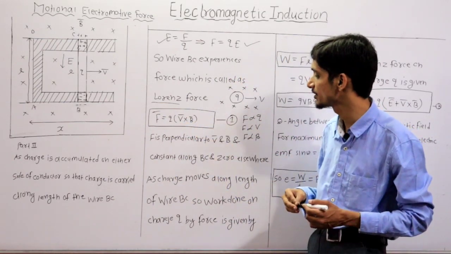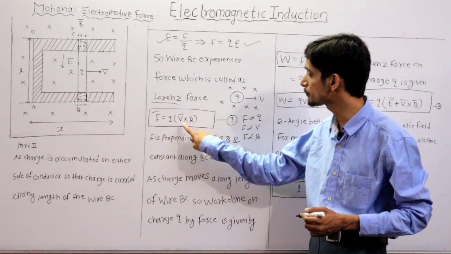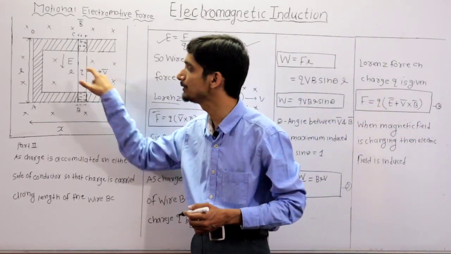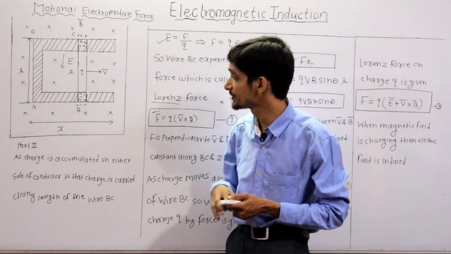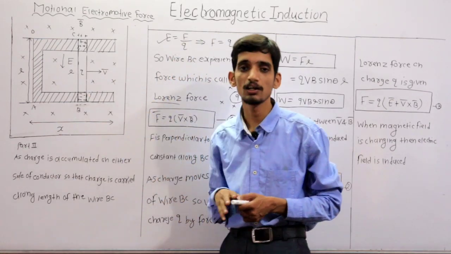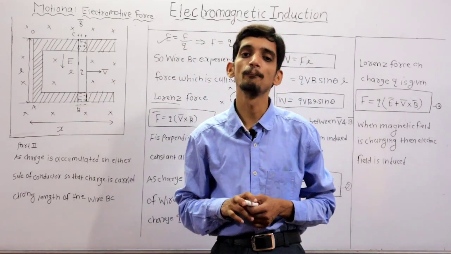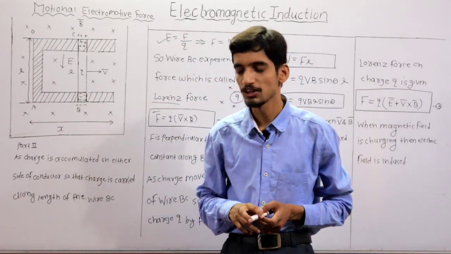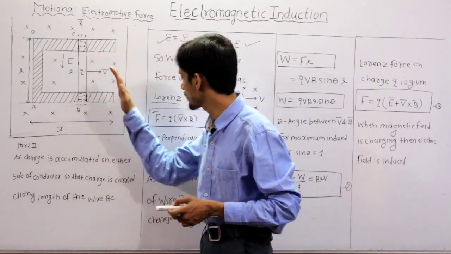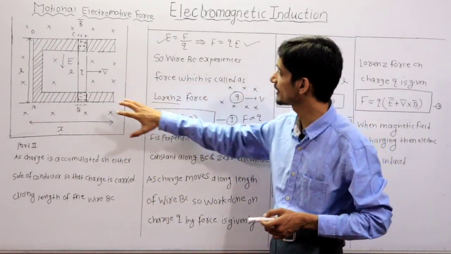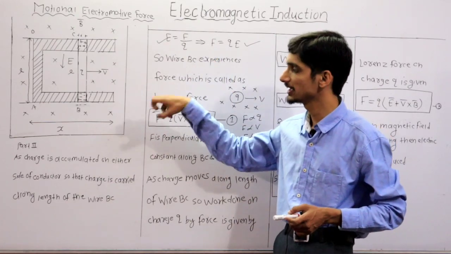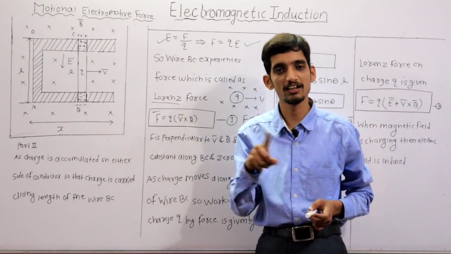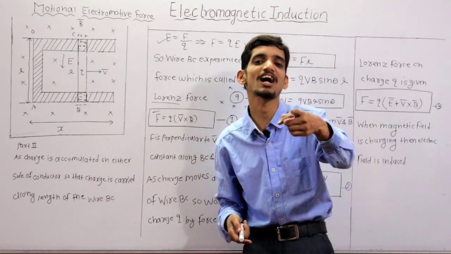It means this force is perpendicular to both V and B. Clear? So this is the expression for the force experienced by the conductor whenever it is placed in a magnetic field and that conductor is moving and it is charged also.